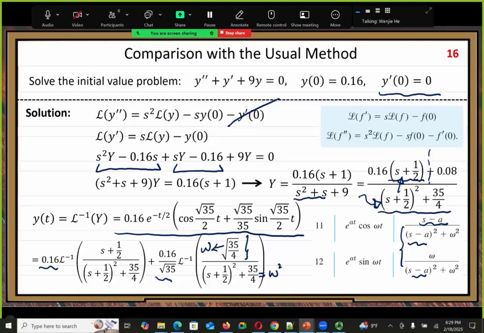But for comparison, you may like to work using the old way. Use our previous method, so we can see if you get the same solution.